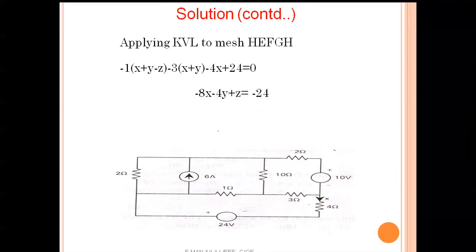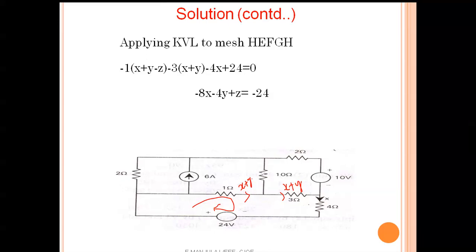Okay, so there is one more loop, this loop. Okay, in this loop both are in the same direction, so this is passing x plus y minus z. Okay, so 1 into (x plus y minus z) minus x plus y, and this is x plus y minus z.